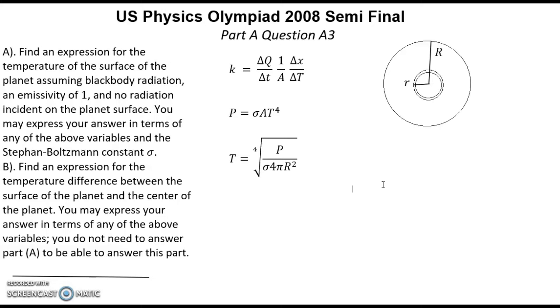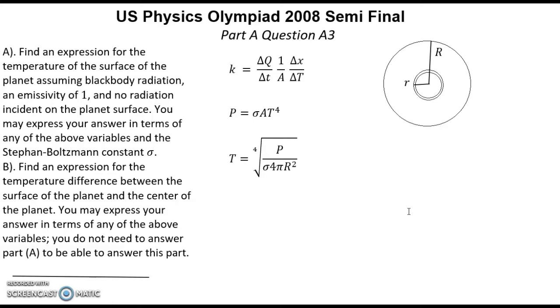Question B. Find an expression for the temperature difference between the surface of the planet and the center of the planet. Now let's assume that delta Q over delta t is the radiation created in any part of the planet with the same density.